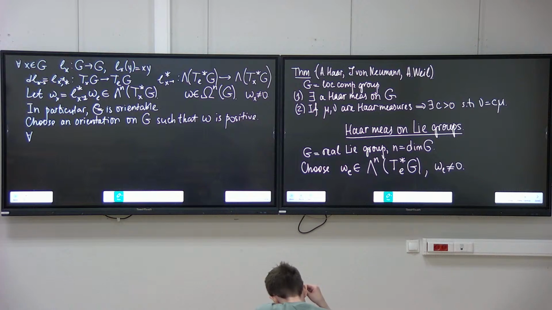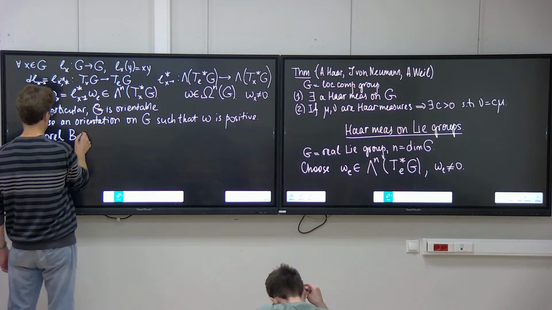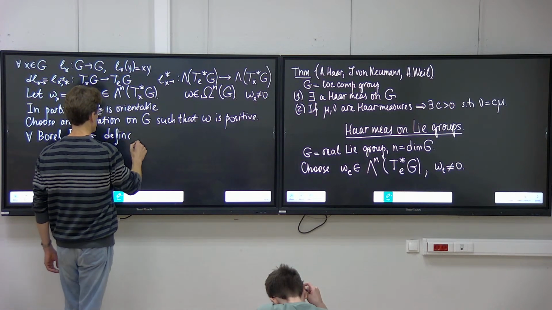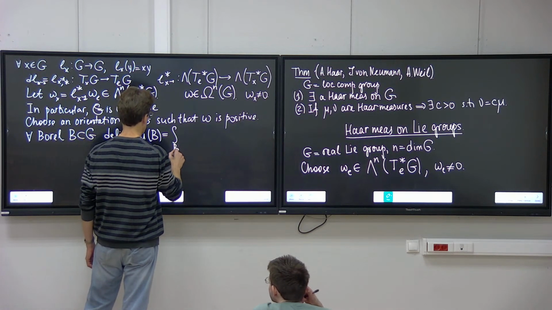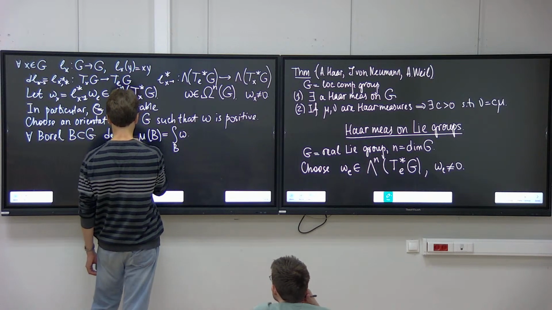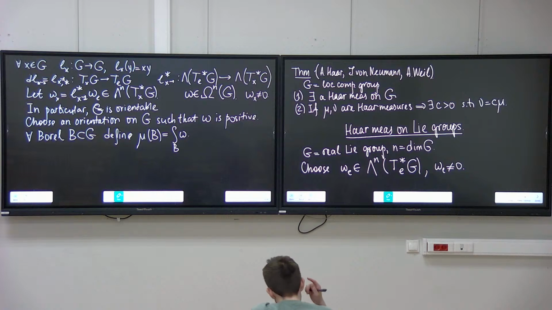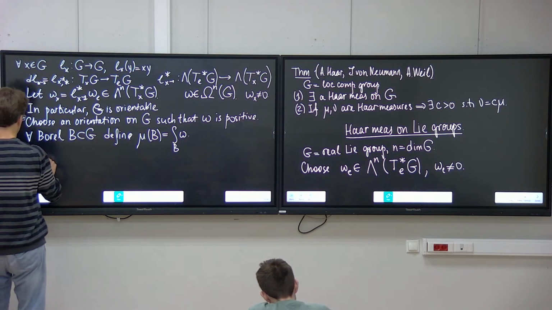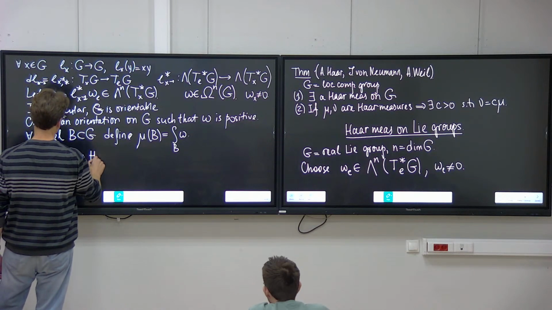Okay, so now for every Borel set B in G, we denote by mu of B the integral of omega over B. So I claim that mu is a left Haar measure.